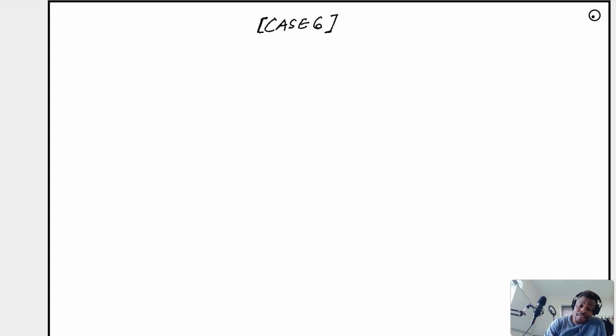Now, for case 6, let the modulus be greater than b, or greater or equal to b, where b is negative.